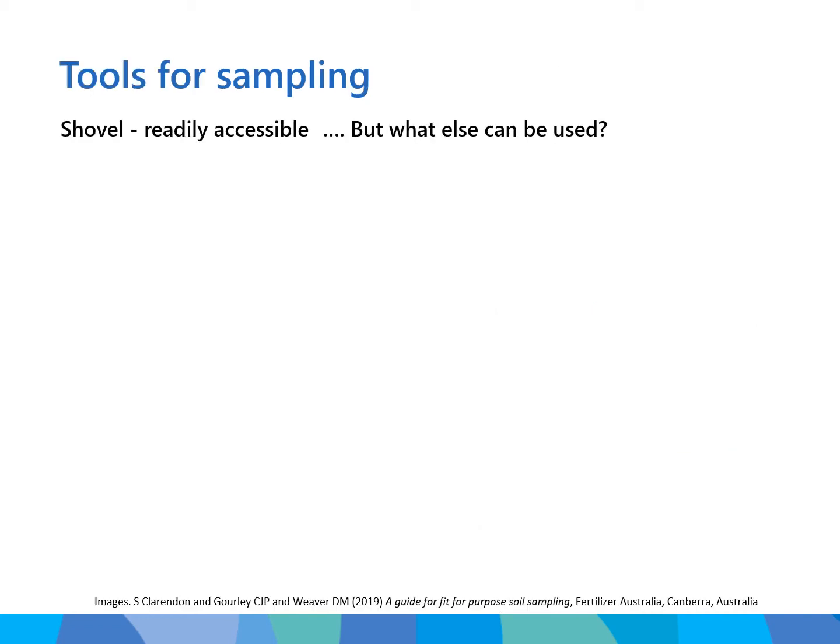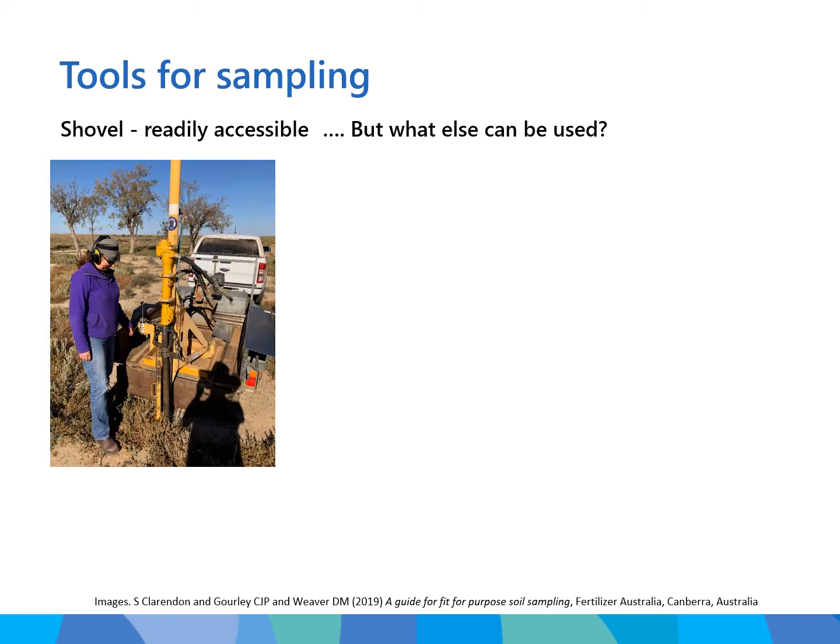So I just wanted to touch too on tools that we can use. We've got the shovel, it's readily accessible, but what else can be used? It's dependent on what questions are being asked.